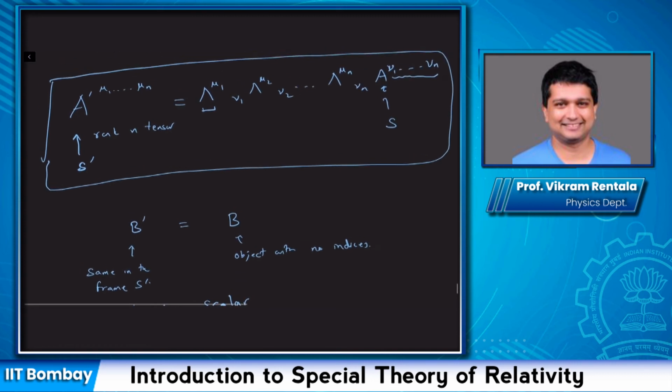Whereas for things that transform, we have now derived the most general dictionary of how things can transform. Things can transform either as rank 0 tensors, which is to say they don't transform. They can transform as rank 1 tensors, which is to say that they transform as contravariant 4 vectors. They can transform as rank 2 tensors, rank 3 tensors, and so on.